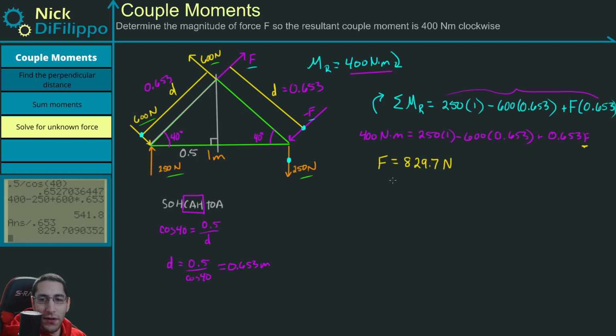And this is my answer. My force needs to be applied 829.7 newtons this way, negative 829.7 newtons this way, in order to have a resultant moment that is 400 Newton meters.